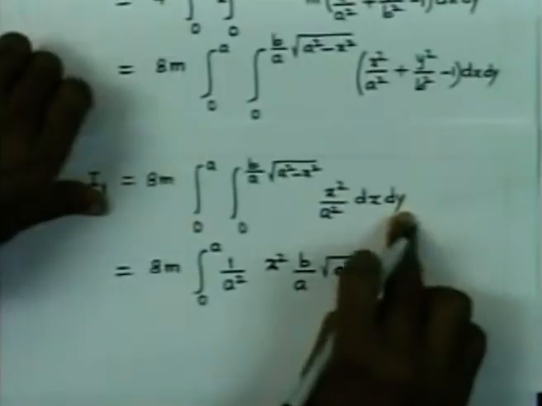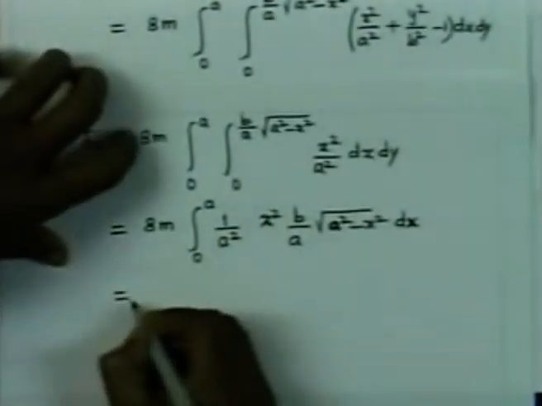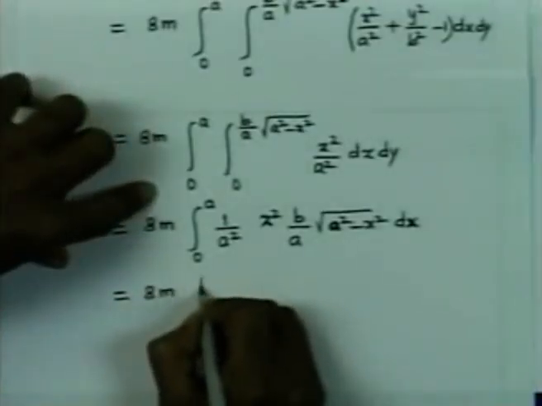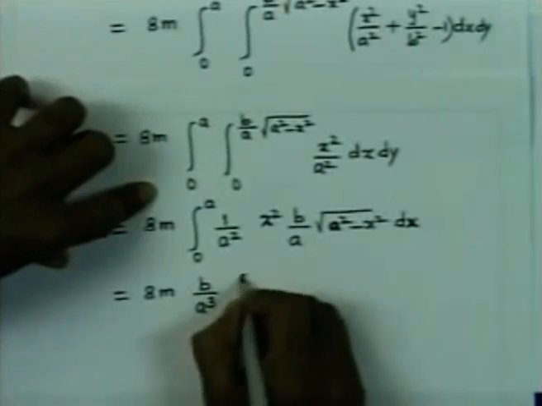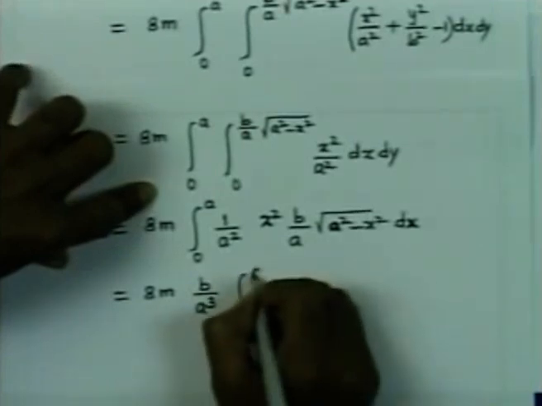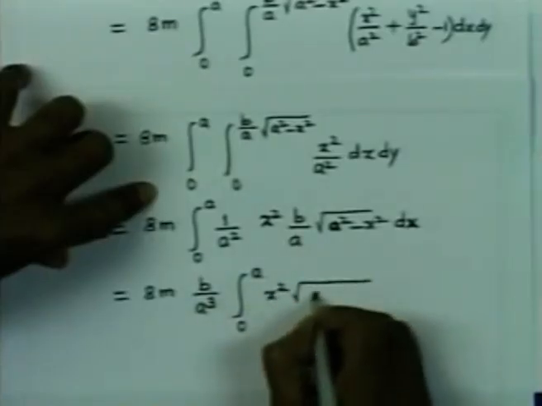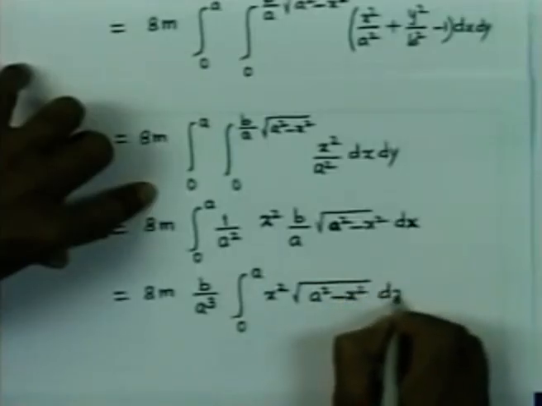So this is just integration with respect to y. This gives us 8m, it is b by a cube, the integral from 0 to a of x square root over a square minus x square dx.